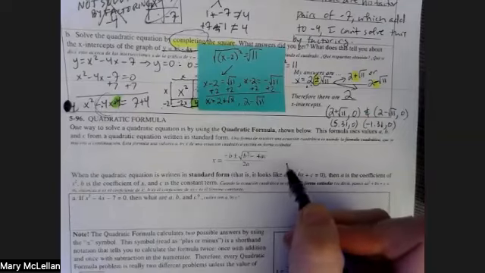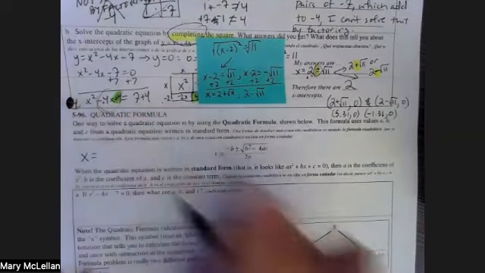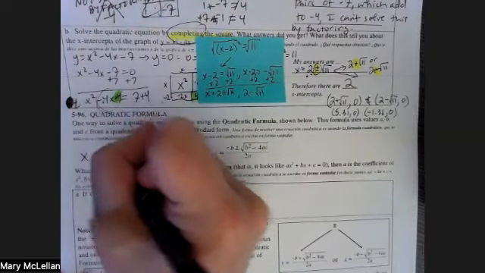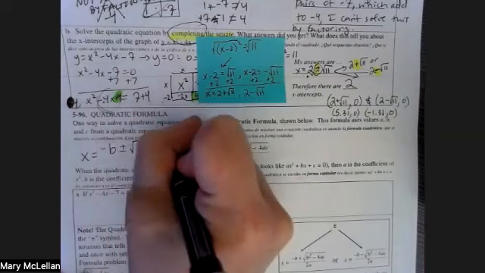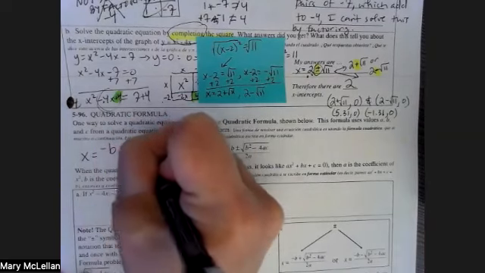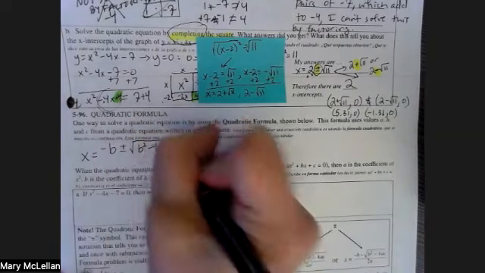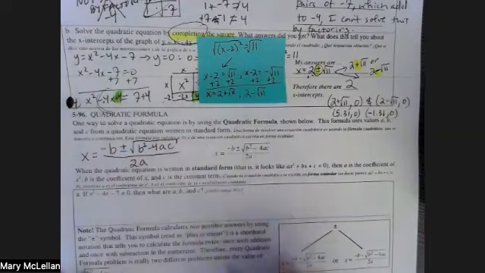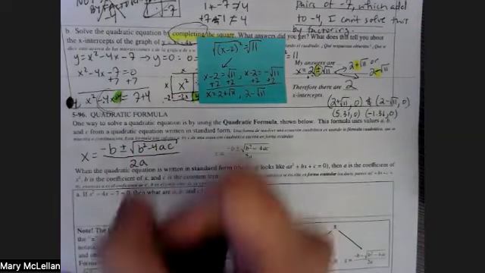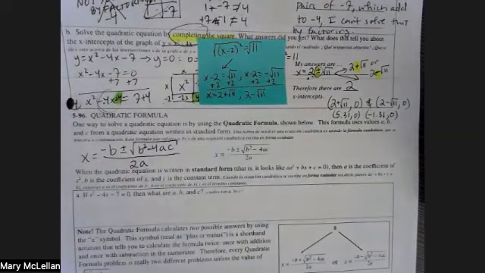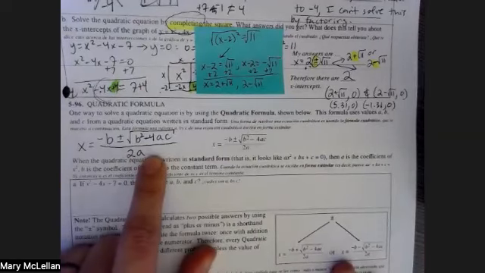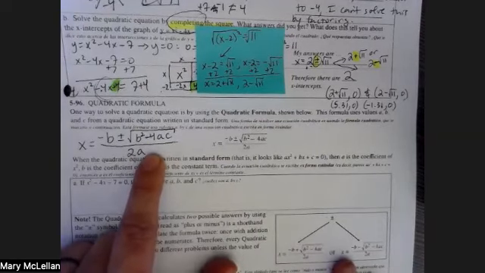Because I know these video qualities aren't always that good, I'm going to write this again a little bit bigger. x is equal to negative b plus or minus the square root of b squared minus 4ac all over 2a. And that's something that you need to actually memorize.